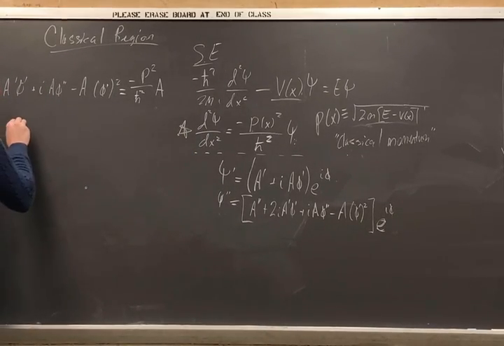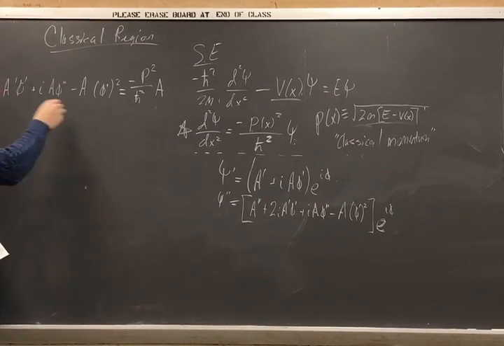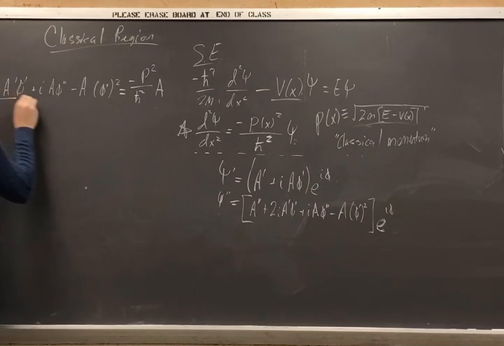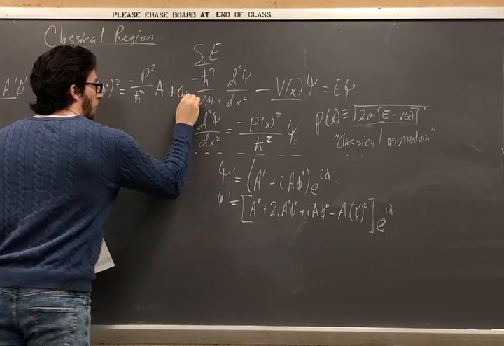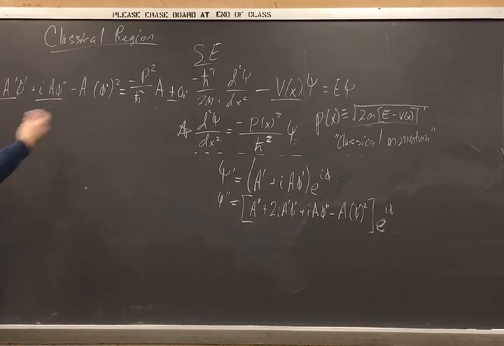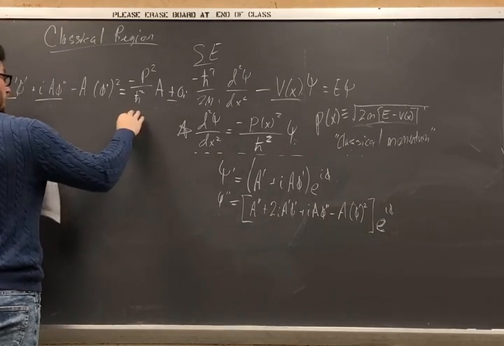Okay, so from this, let's break it up, right? Because we can obviously see here there's some imaginary parts on this side, but there's no imaginary parts on this side, right? So we can say that's like plus 0i, and we get two equations.